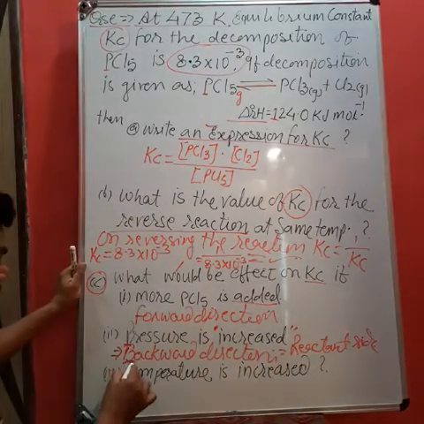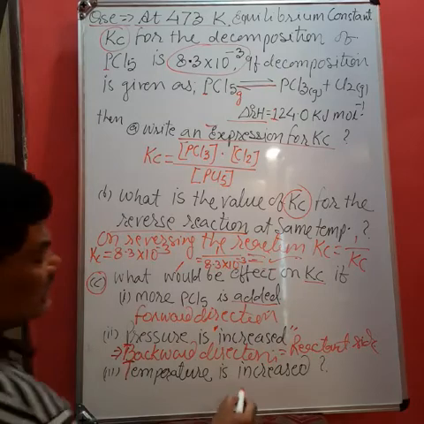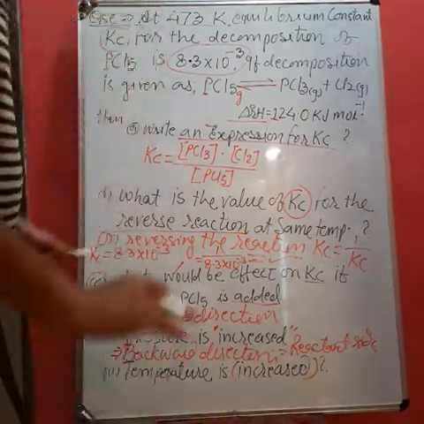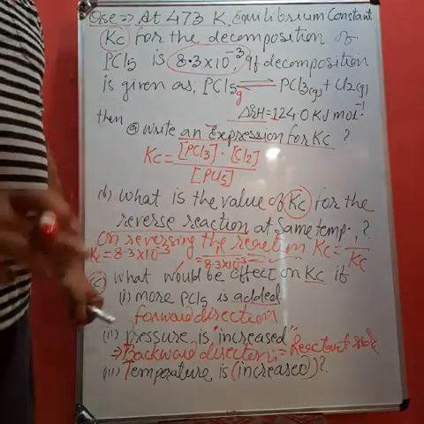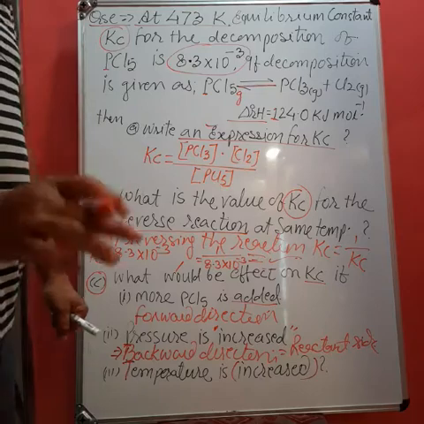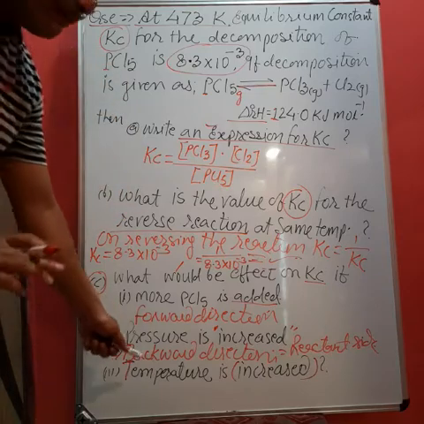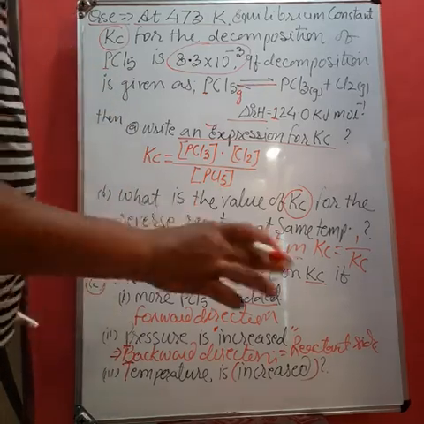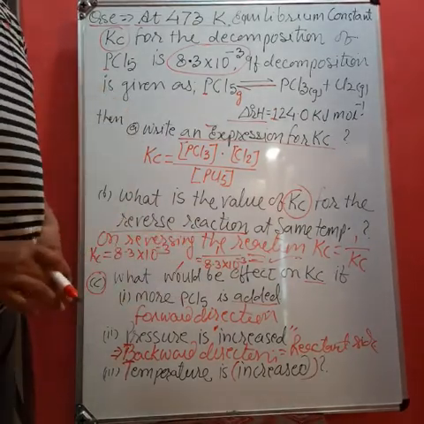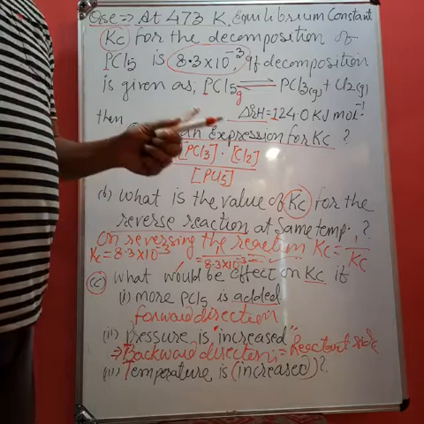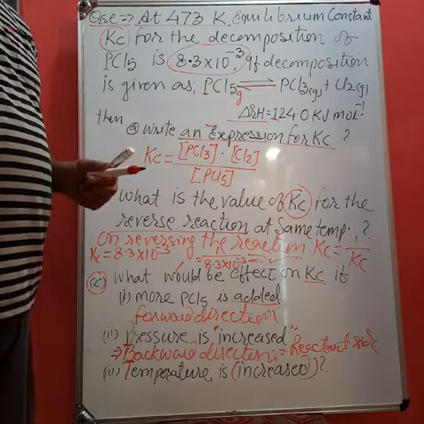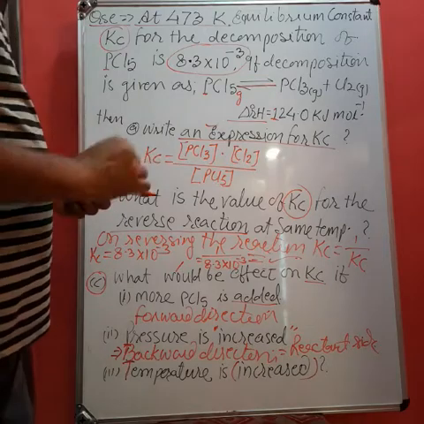And the third one is the effect of temperature. Which type of effect? Increase in the temperature. Student, actually the pressure and the concentration do not affect the value of Kc, but the temperature affects the value of Kc. It is because when the temperature increases, the kinetic energy of the species increases, therefore their reaction magnitude also increases.